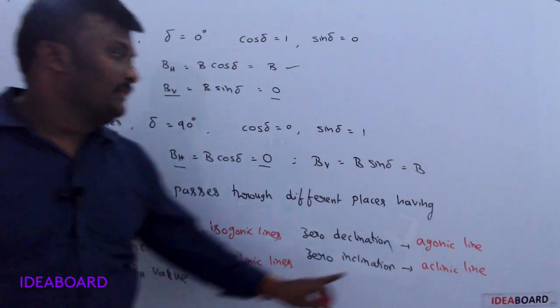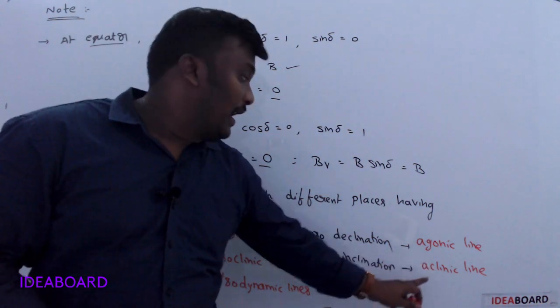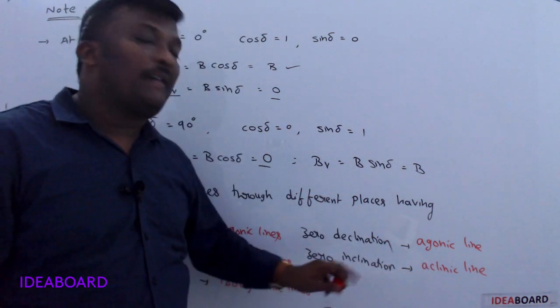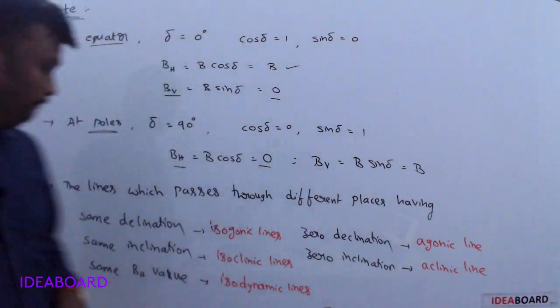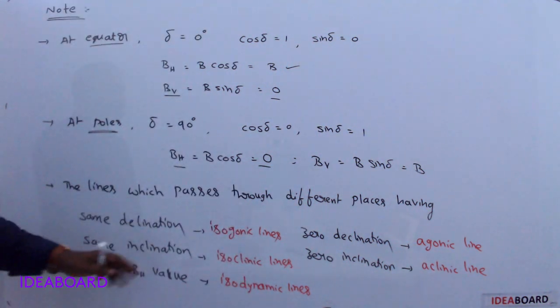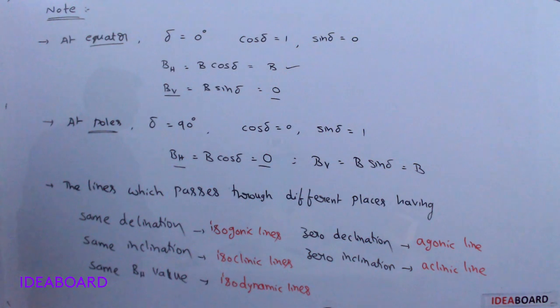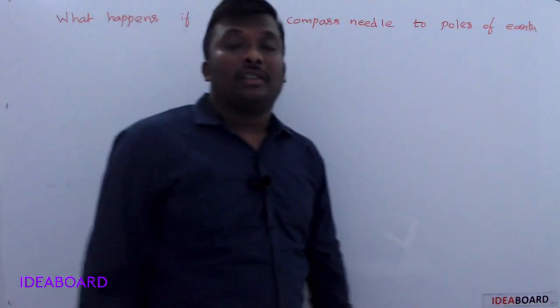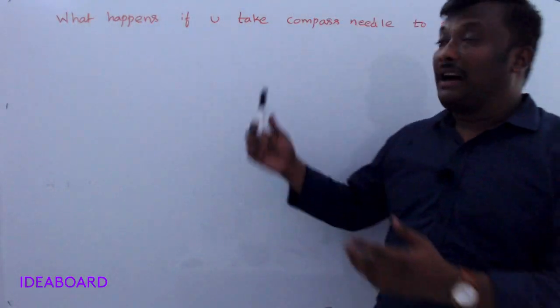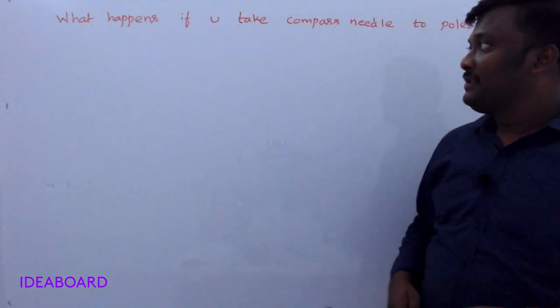Iso means same. Agonic or aclinic coming, that indicates zero values. Understand? Note it down, please. This is the question asked in the competitive examinations more number of times.